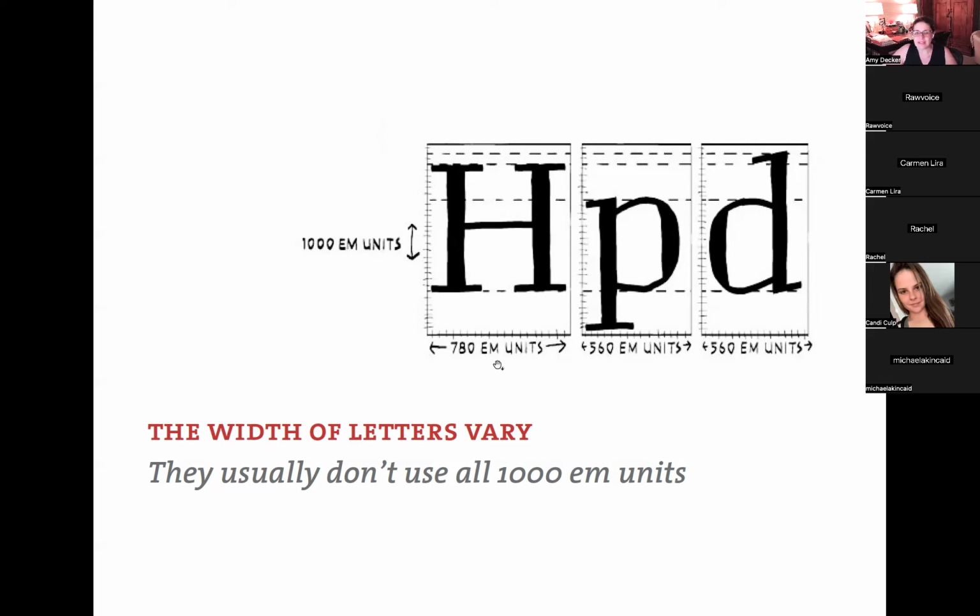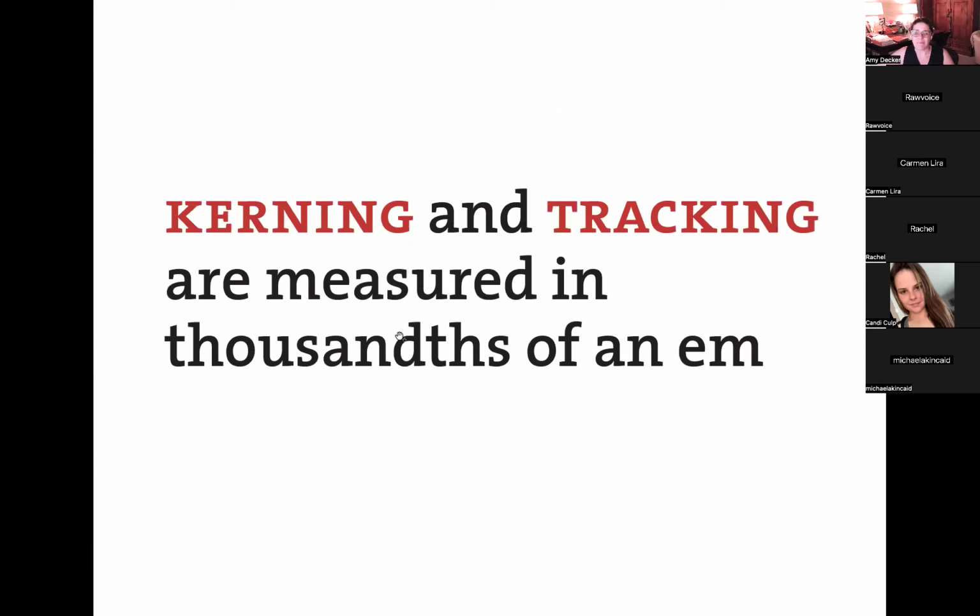As you see in this example, the H has 780 units, the P is 560, and the D is 560. So even though they're using 1,000 M units, each letter isn't using the full 1,000 unit width. Only the widest letter of the alphabet is using that full width. So that's, again, why it's a little misleading.